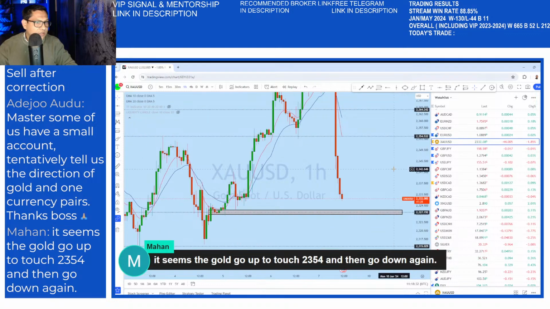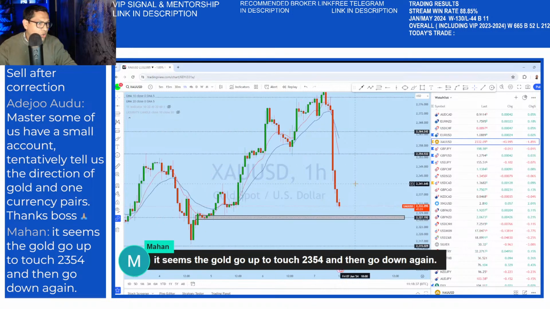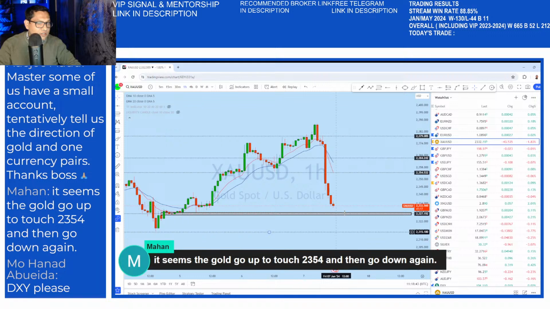Okay, so if you look at this, it is a complete breakdown on gold to the order block. If you have also seen yesterday's analysis that we discussed, from here there was a huge breakdown.